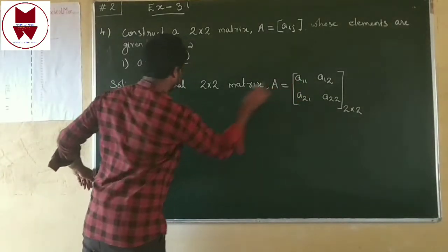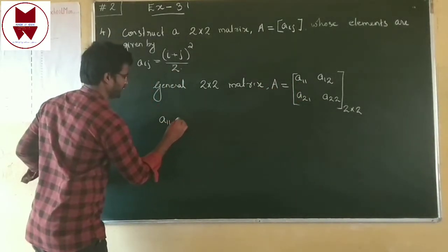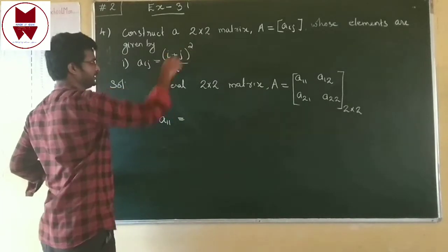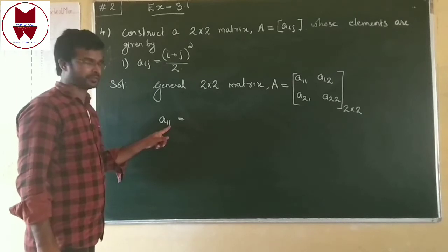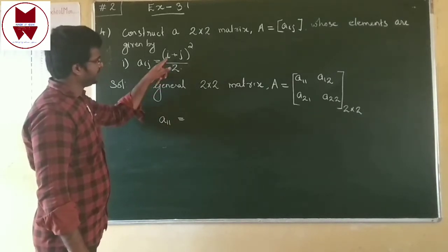First we find A11 using this condition. Here i means 1, j also 1, isn't it? These i and j values are given here.